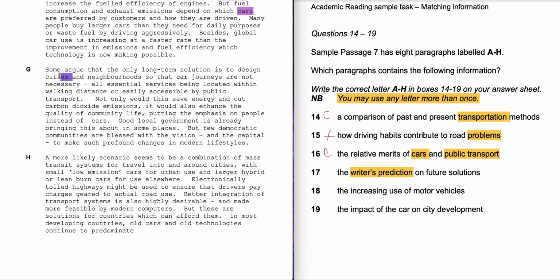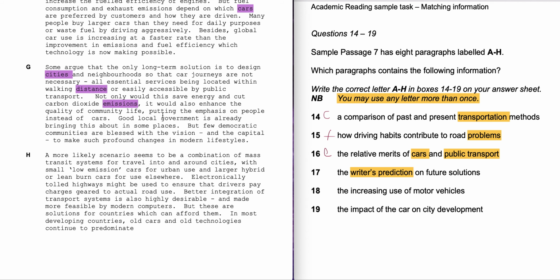They're saying about cities, about distances, which can be achieved by public transport. So about emissions. So all of this stuff, but not related to the writer's opinion.